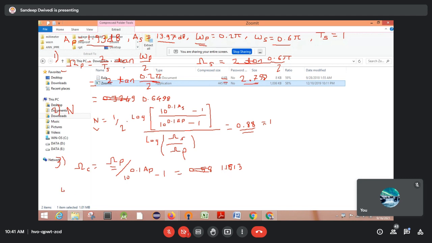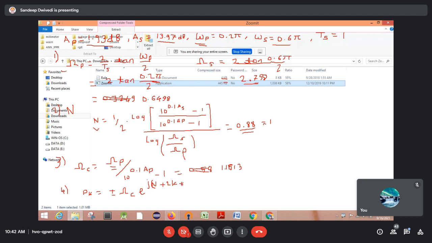Then the next step is you need to find out the pole. For the pole, what will be the formula? Pk is plus minus cutoff frequency omega c times e raised to power j, then in brackets, pi times (N plus 2k plus 1) upon 2N.